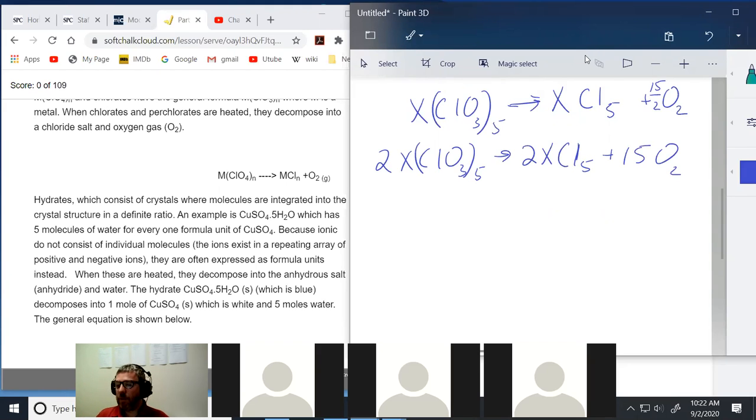So if you look at that, you'll see we've got 30 oxygens on the left side. We've got 30 on the right. We've got 2 X's, and 10 Cl's and 10 Cl's. So everything's balanced there.